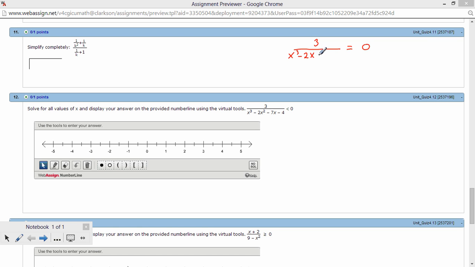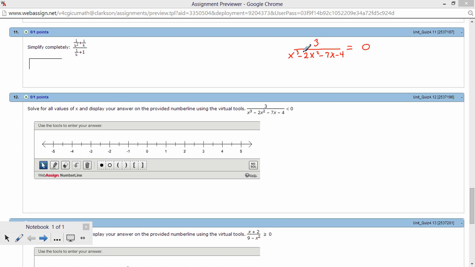In this fraction, it's apparent that it will never equal 0, because the only way a fraction can equal 0 is if the numerator equals 0, right? Because we know we can't allow the denominator to equal 0. And since the numerator is a constant 3, you aren't going to have any solution to this, but you will have some numbers that you're concerned about.